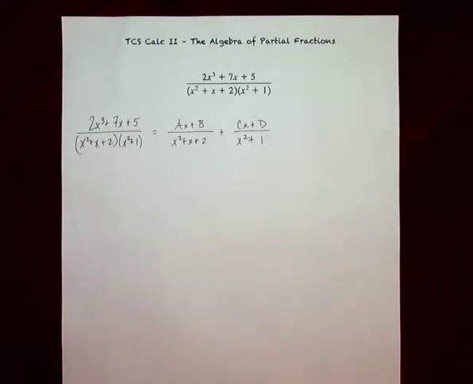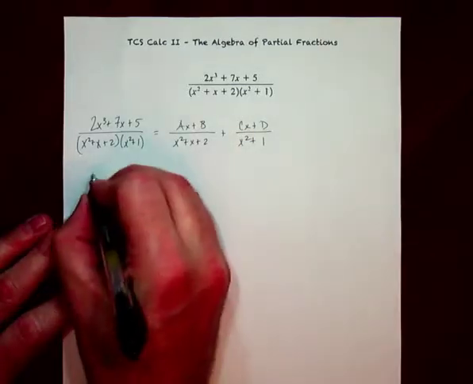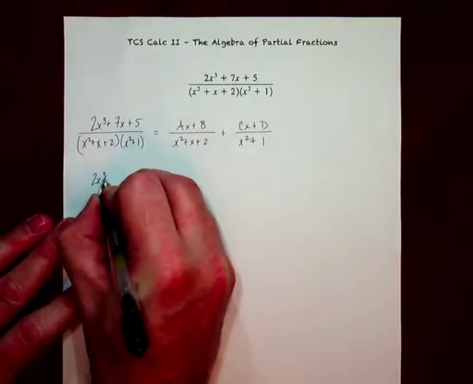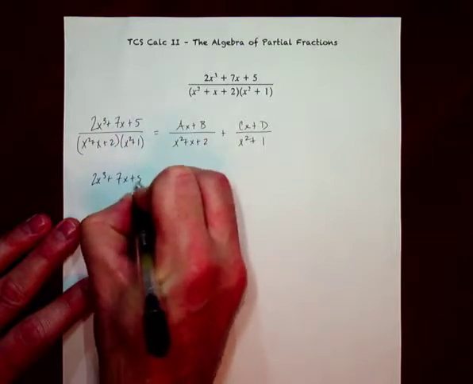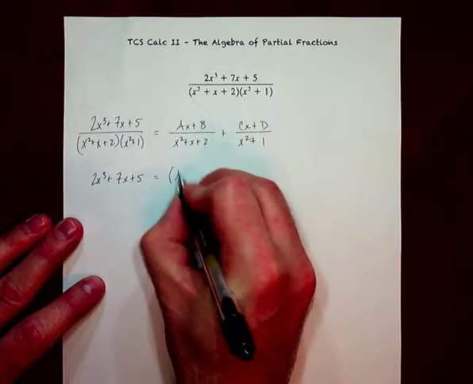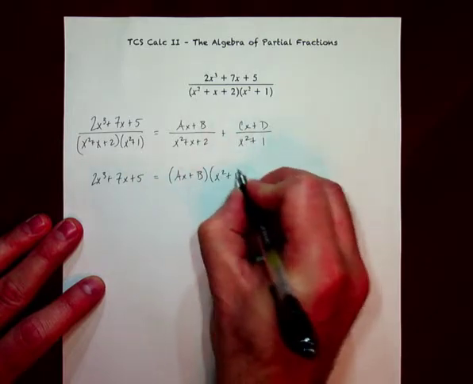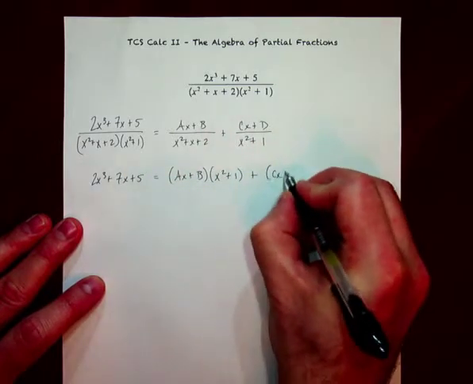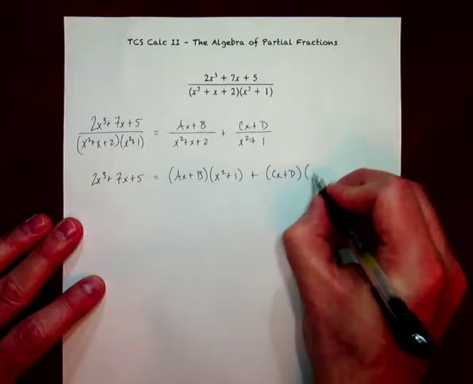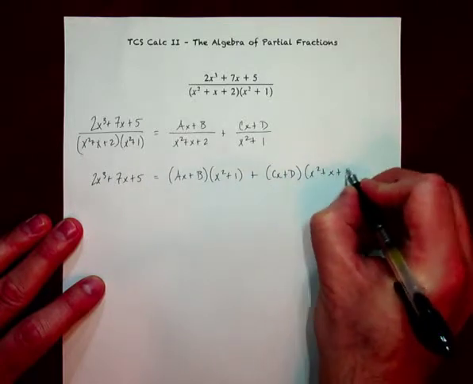Nothing is going to happen here with the Heavyside method. What we need to do instead is figure out another strategy. So we're going to multiply through, and we get 2x cubed plus 7x plus 5 is equal to ax plus b times x squared plus 1, and cx plus d times x squared plus x plus 2.